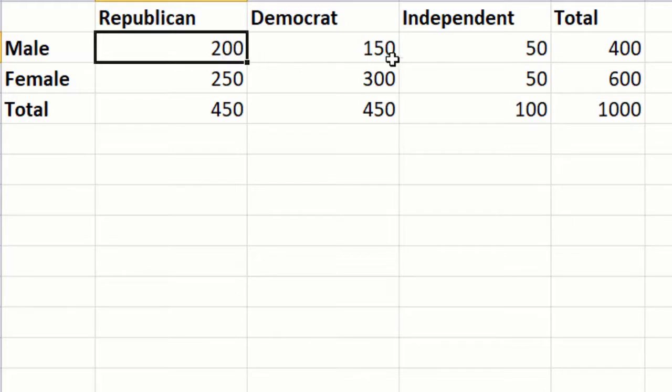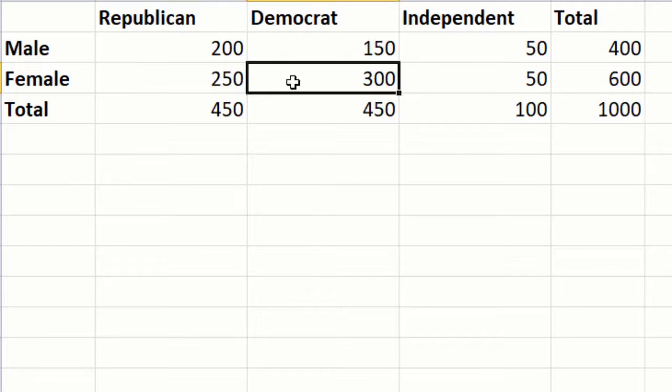We want to find out whether it is true for all other tables that anytime it comes to male, we always have most of the males in our sample being Republicans. That's one way of saying that the two variables are dependent. In another way, if we're looking at the female gender right here, it looks like in this table most of the females are Democrats.